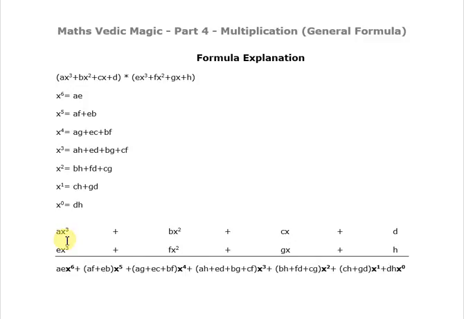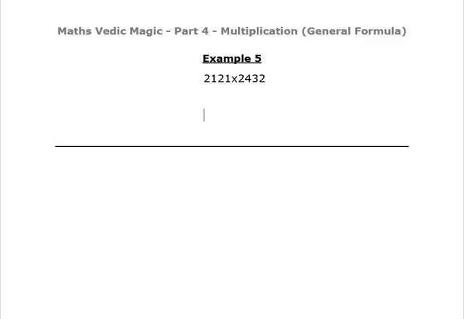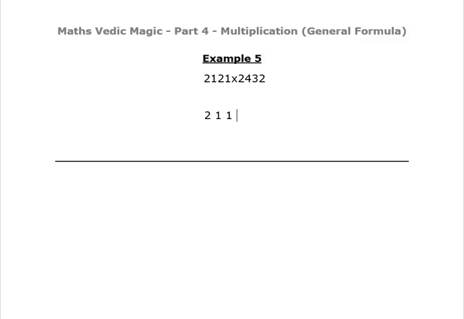Now let's look at another example which has 4 digits each. And the second number is 2, 4, 3, 2.